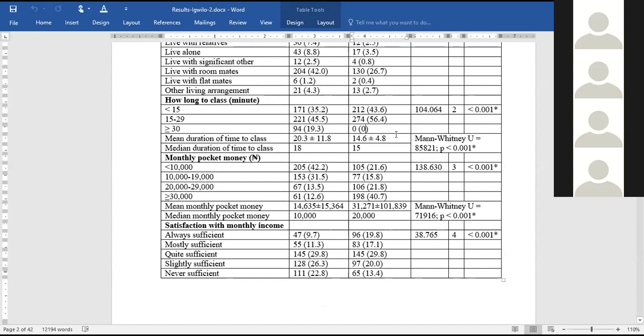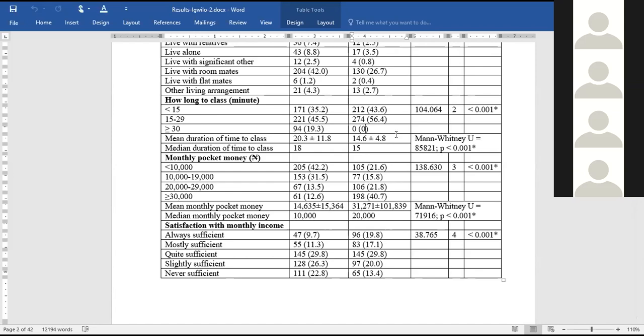Somebody should help me with this: 486, what is the total? 486 times 2 gives 972. Yes, 972.